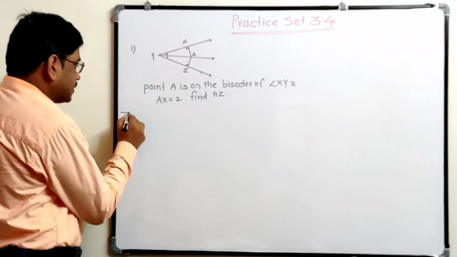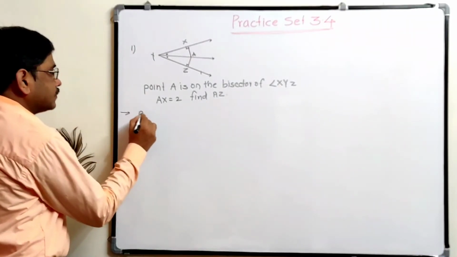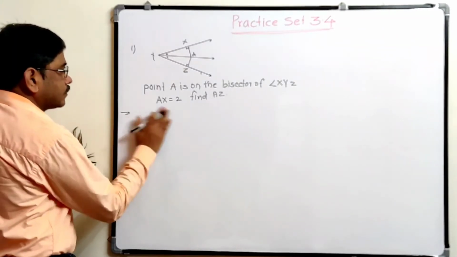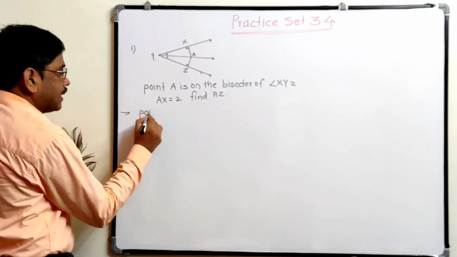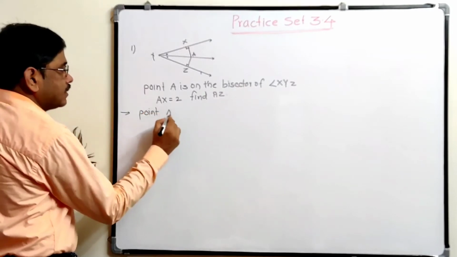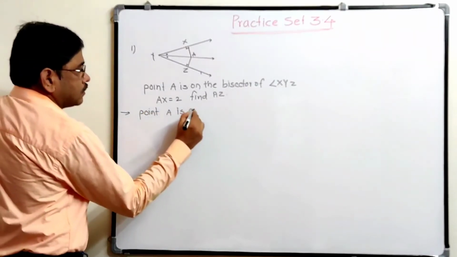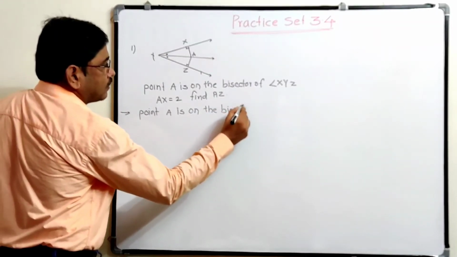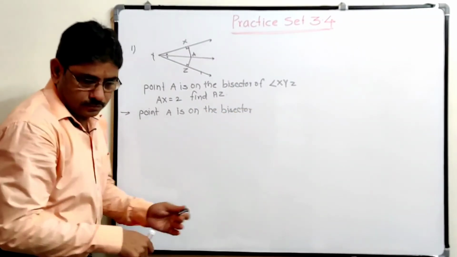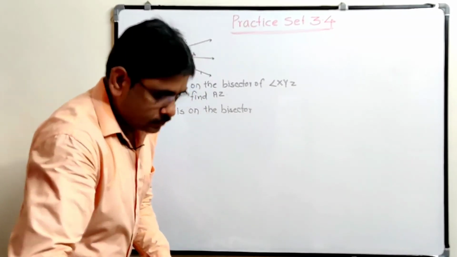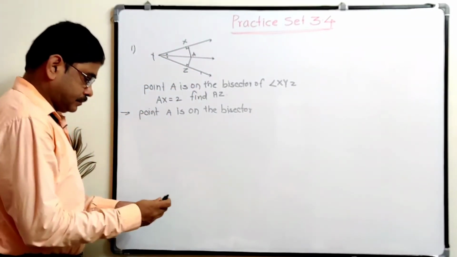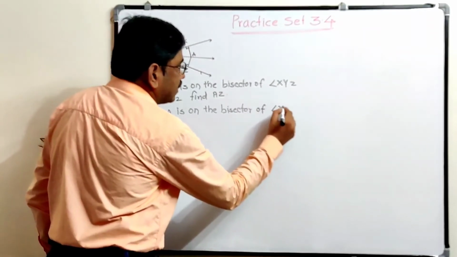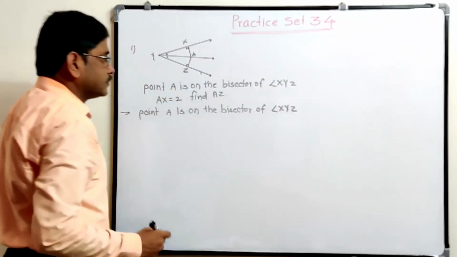So how to write the solution? Point A is on the bisector of angle XYZ.